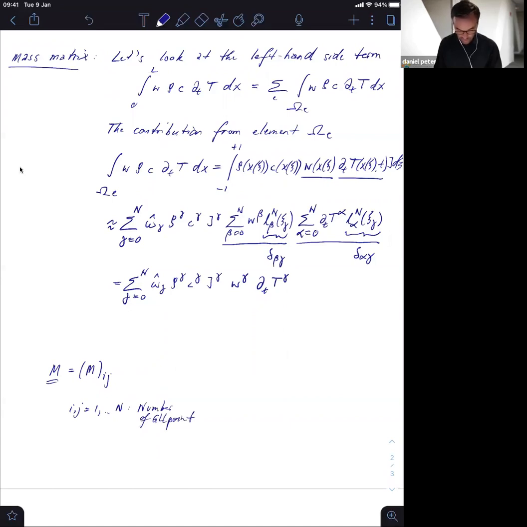And so Mij is now only non-zero for i and j equal to each other, and 0 if i is not equal to j. And Mii, we just write as Mi. Or if you want, I being M gamma, the GLL point associated to that gamma index.